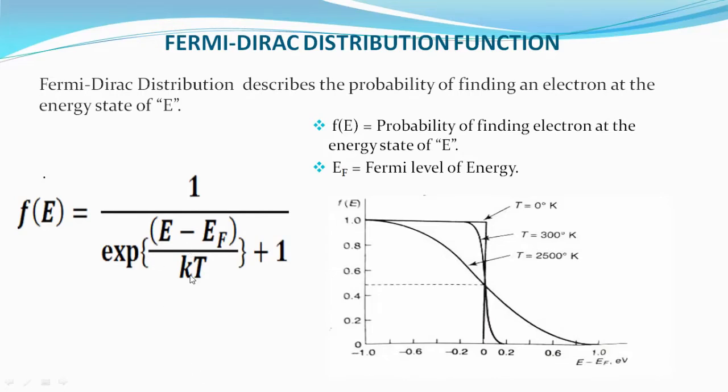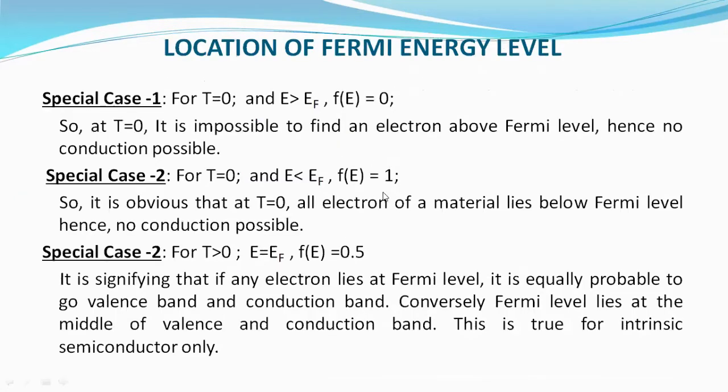So if you put T equal to 0, that means 1 upon exponential of some positive quantity upon 0, that means 1 upon exponential infinity, which is 0, and 1 plus 0 is 1, and 1 upon 1 is 1. So f of E is 1.